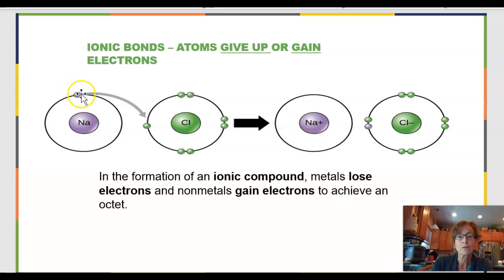Valence means it's the one that's available on the outer level to do something. This is an unstable condition for sodium. Sodium will give away its electron, which is attracted to chlorine. Chlorine just needs one more electron, so it's kind of greedy. If it can get that one electron, then it becomes stable. When it does, it becomes an ion of chloride, and it joins with sodium, which is also an ion, forming the ionic compound, sodium chloride.